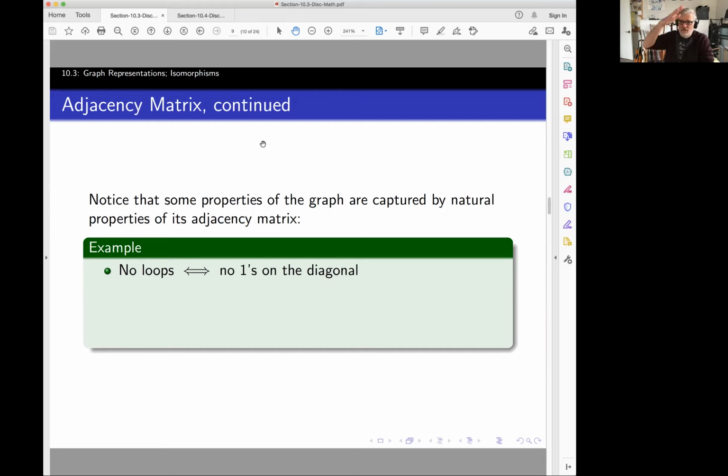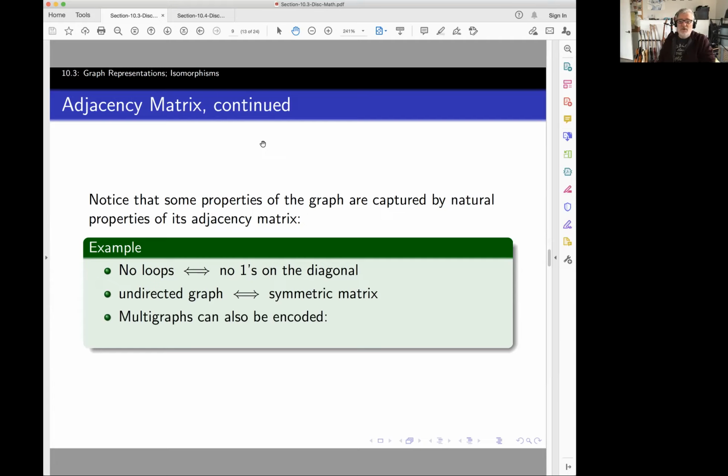So the diagonal of the matrix, you can read very quickly: are there any loops or not? How do you know if a graph is undirected? It's a symmetric matrix, right? So answering your question, but you had answered that already by yourselves. If you look at the adjacency matrix, you know that you have an undirected graph exactly when the matrix is symmetric, so its transpose is equal to itself.